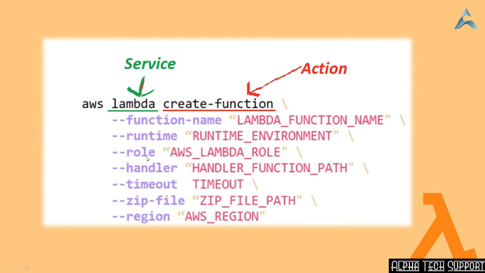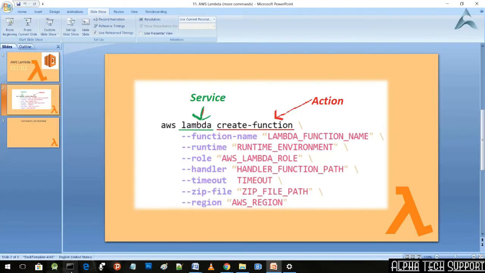Then we need to provide function name, runtime, role, handler, timeout, zip file, and region. As Lambda services are basically regionless, if you want to leave this part out, you just do not write it.